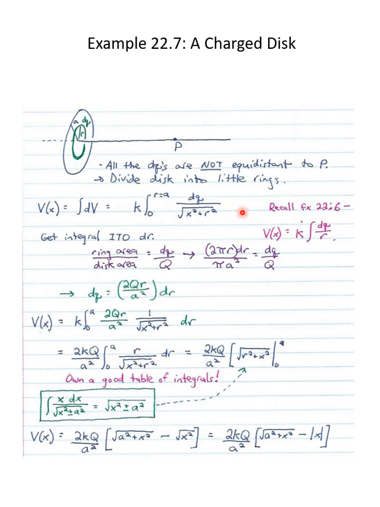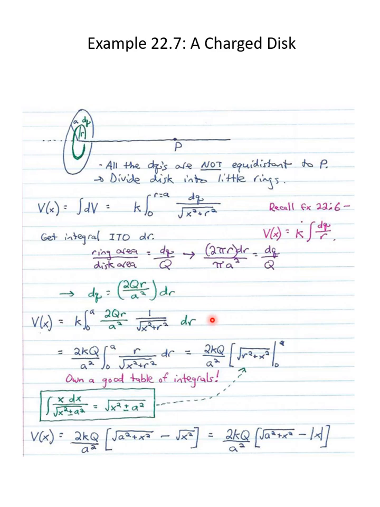And then we won't be integrating over dq, but rather dr. So when we plug in what I've got here in green for dq, we get that the electric potential is the integral, and we still have k thrown to the left of the integral, from 0 to a, of 2qr over a squared, times 1 over the square root of x squared plus r squared, dr.